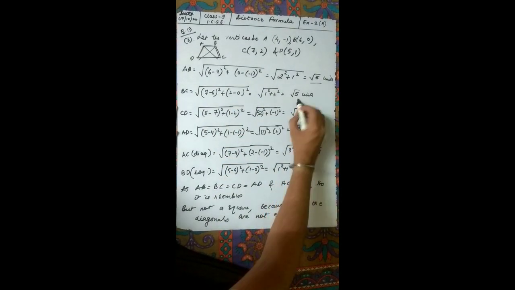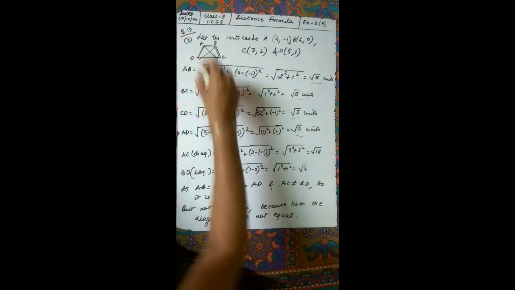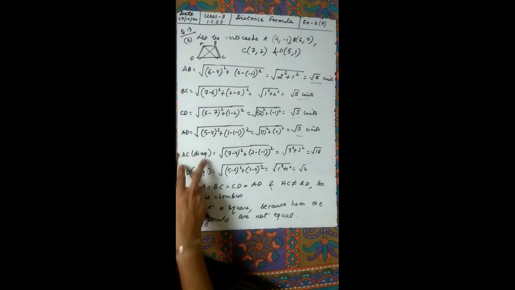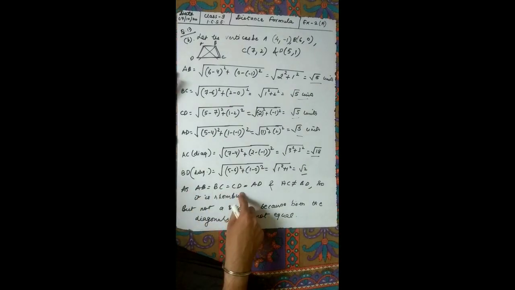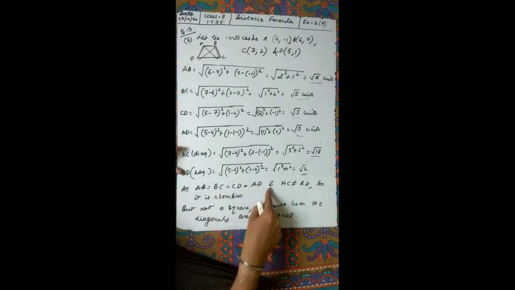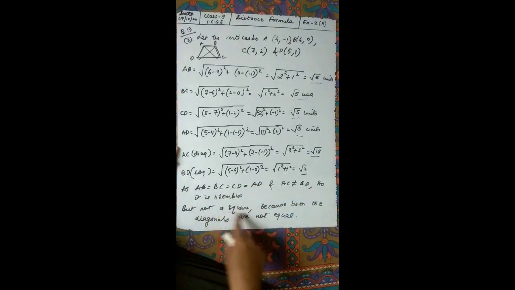I got root 5, root 5, root 5, and root 5 for all 4. Separately I found the diagonals, and I got root 18 and 2. As AB, BC, CD, AD are equal, and AC and BD are not equal, it is a rhombus and not a square because both the diagonals are not equal. So like this you have to give the explanation.